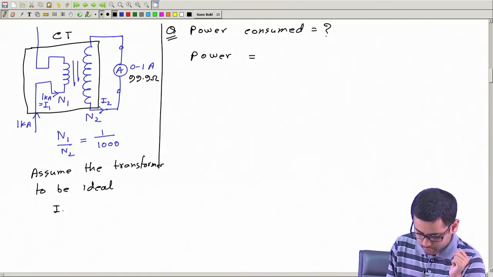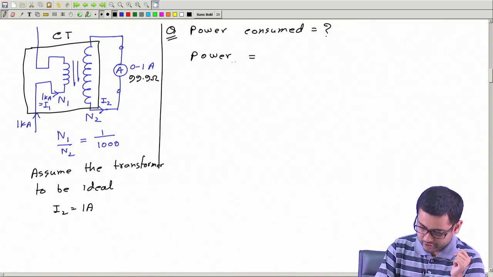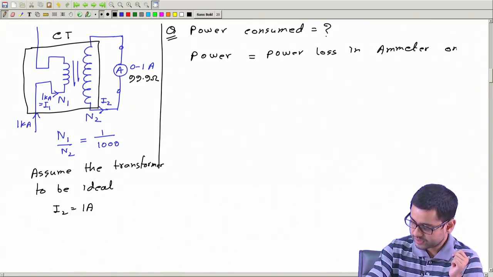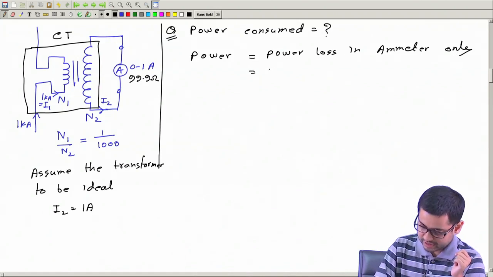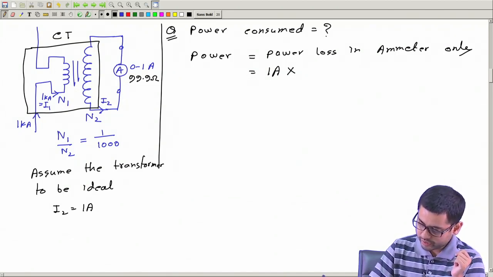So power will be the power loss in the ammeter only, which is I square R, or 1 ampere multiplied by this voltage.